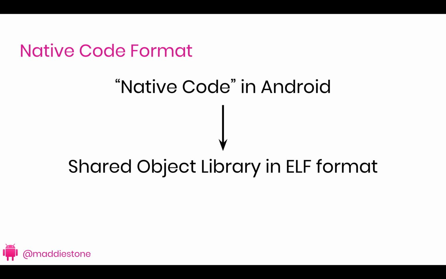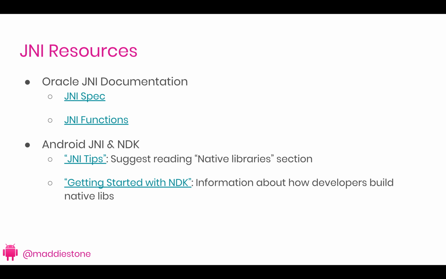And so when we're talking about the native code format within Android applications, what we really mean is it's a shared object library in the ELF file format. So if you've done any work on Linux, that's going to sound extremely familiar, and it's those same file types. They're just now included in our application or APK. So here are some important resources.